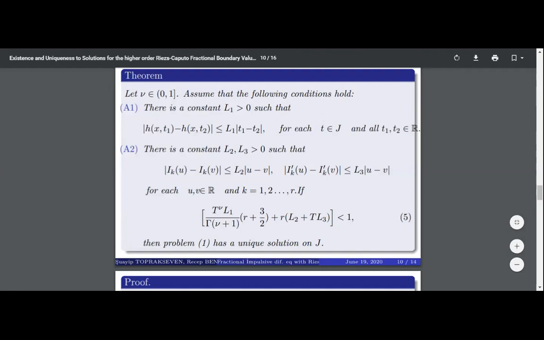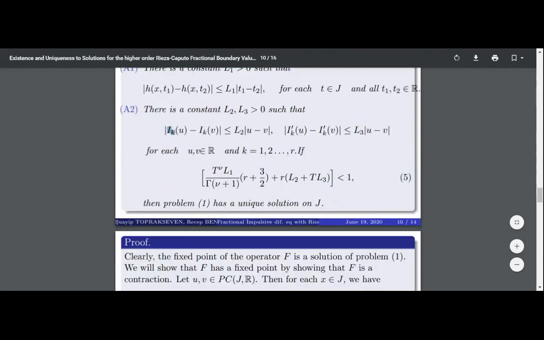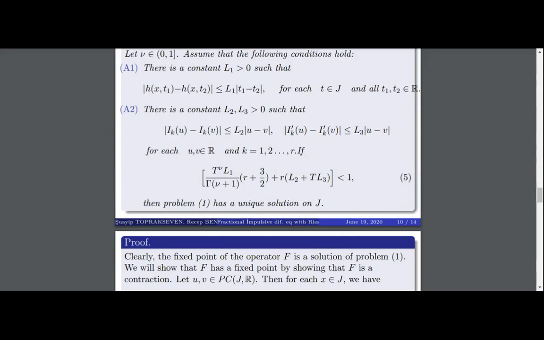Assumption 1: the continuous function H is Lipschitz with Lipschitz constant L1. Assumption 2: the functions I_k and I_k plus prime are also Lipschitz. And if this quantity is less than 1, then problem 1 has a unique solution on the interval J.